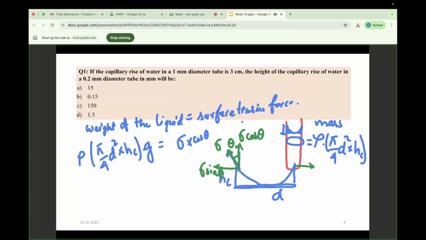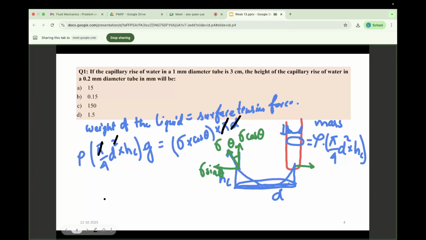To find out the surface tension force, we have to multiply surface tension by perimeter. What is the perimeter? This perimeter is pi into d, right? So you just check here, pi is cancelling out, one d is cancelling out.